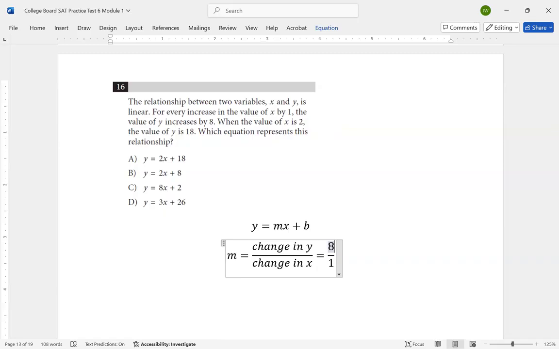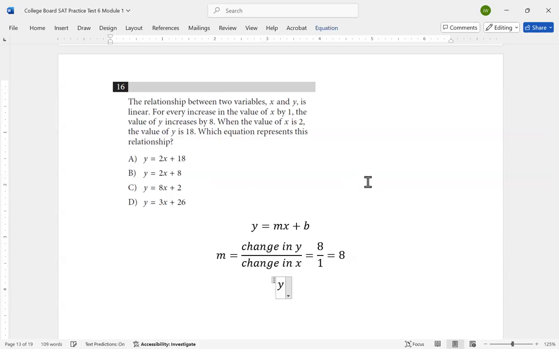So what we get there is that we have a slope of 8. Now at this point, the only valid option is C, which is y equals 8x plus 2. So the only valid option is C. We kind of know that that's going to be what we're forced into.